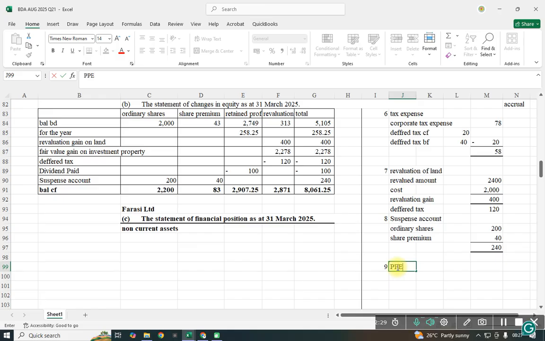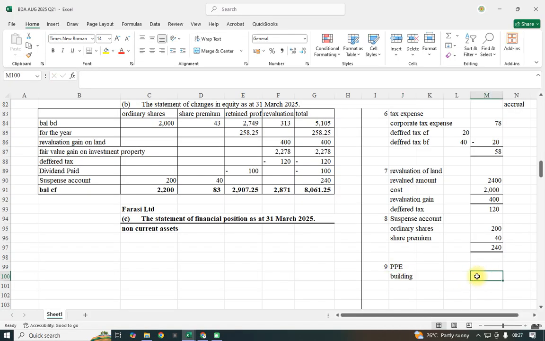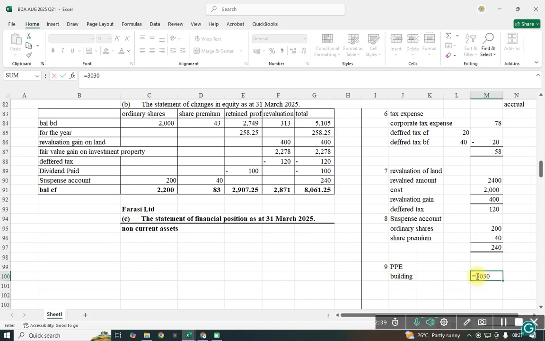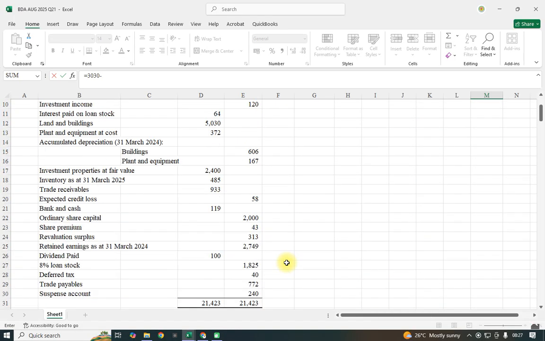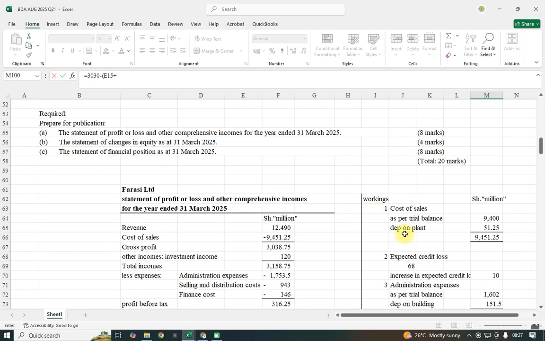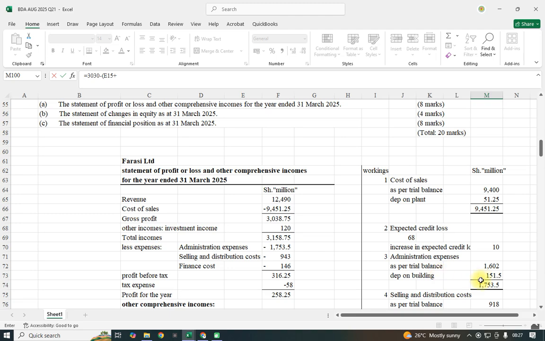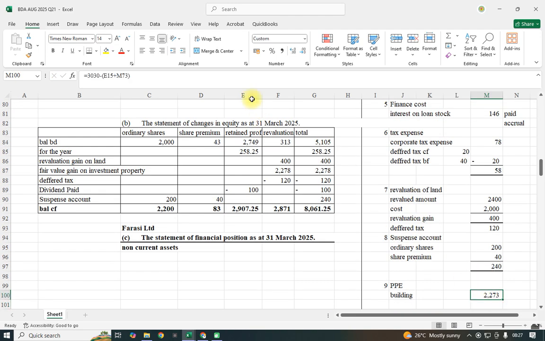PPE will comprise building. The building was 30-30. Did we have accumulated depreciation for the building? Yes, we had accumulated depreciation for the building, 606, and for the year, what we have calculated for the building, we shall get that.